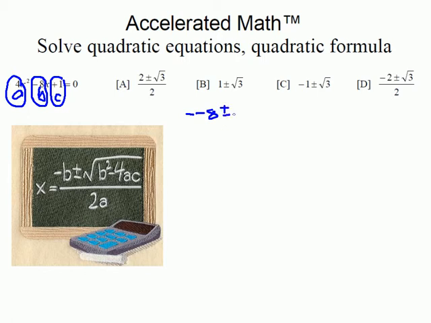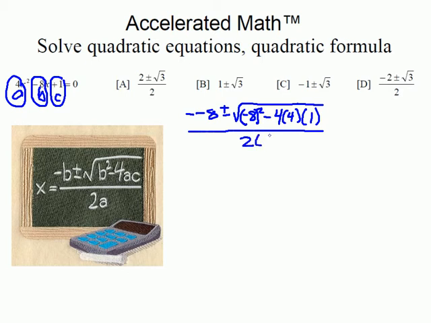Then we're going to go plus or minus the square root of b squared, so negative 8 squared, but I'm going to put parentheses around it because it's important, especially if you're putting it in a calculator, minus 4 times a, which is 4, times c, which is a positive 1. Extend that square root symbol. All divided by 2 times a. And of course a in this case was 4.